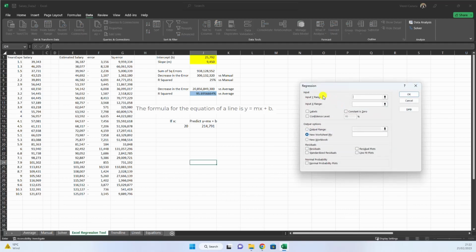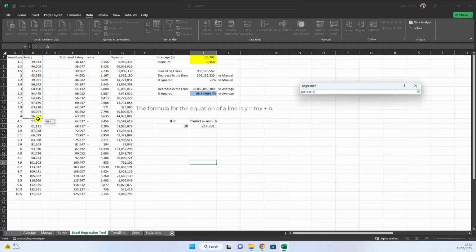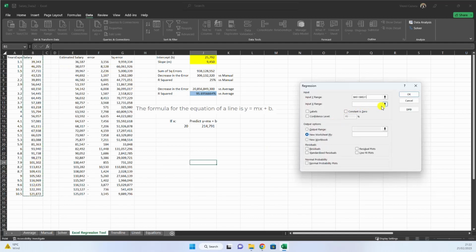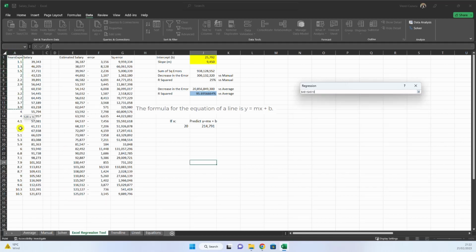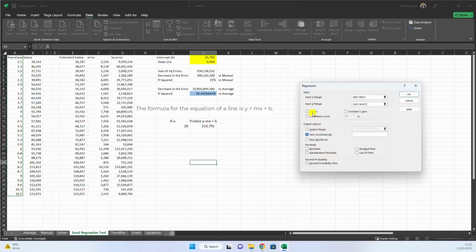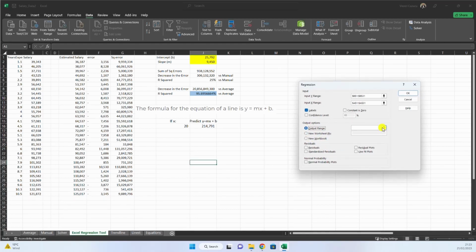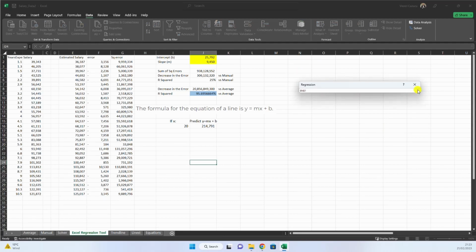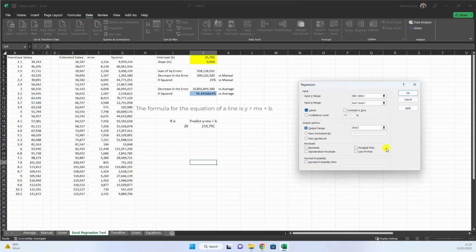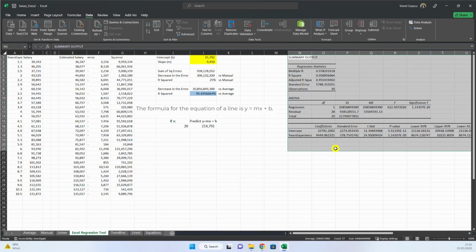And here in regression, we say input y range, the range with the output. Okay, this is the salary. Input x range, the years of experience. We have the labels because we selected them. Okay, and that's all. We will put it here in the output range.